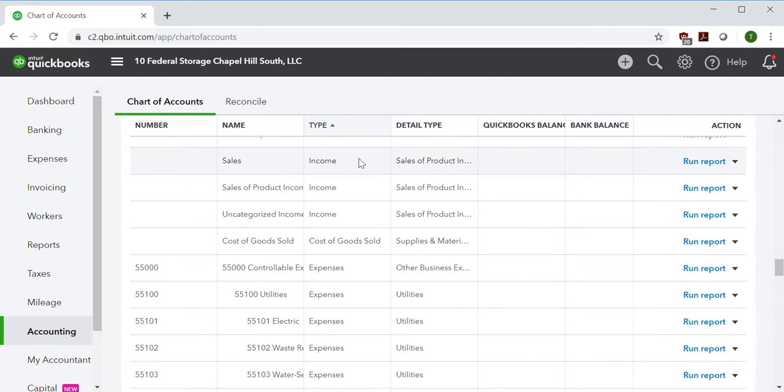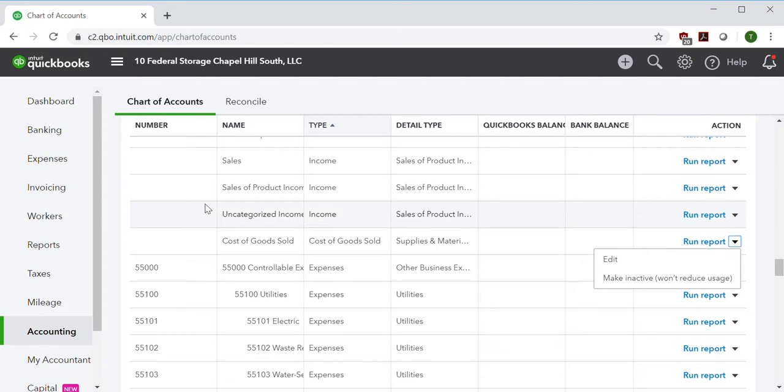These sales and cost of sales and uncategorized income, QuickBooks will not allow me to make inactive. We don't use these accounts, but it won't allow you to make them inactive either, because these are defaults.